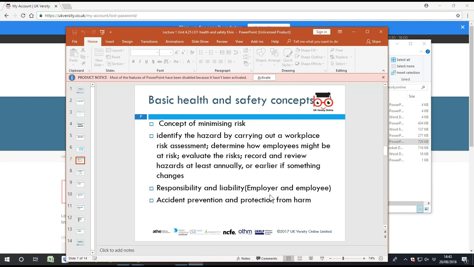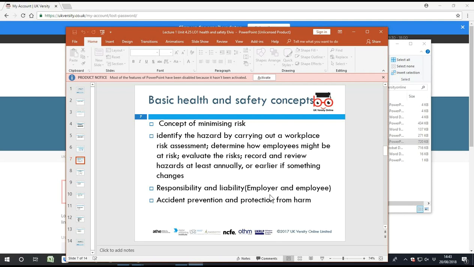Now, who is responsible? Responsibility and liability. Responsibility falls on both the employer and the employee. The employer should be able to draw up health and safety policy and all procedures and ensure that it is implemented.